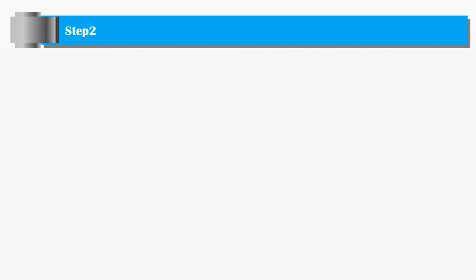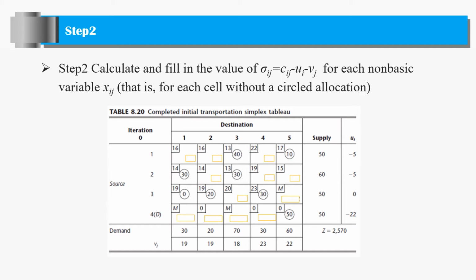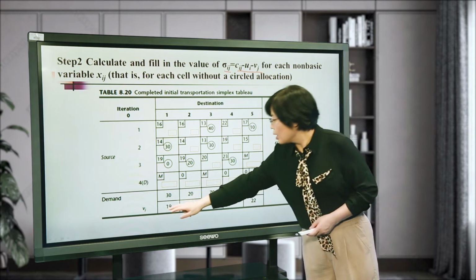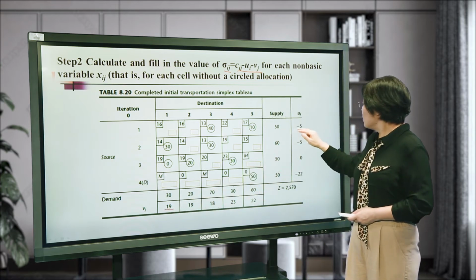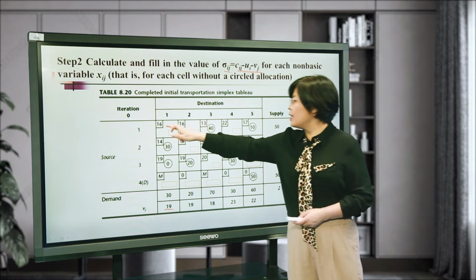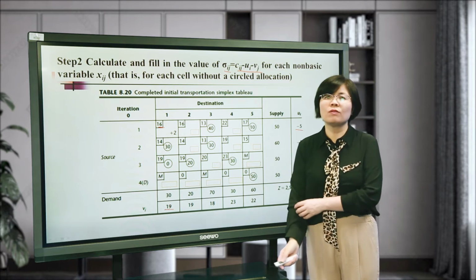Step 2, calculate and fill in the values, which we denote as sigma ij. We calculate the sigma ij for each non-basic variable xij. Here, 90 plus minus 5 is 15, then 16 minus 19 is 2.